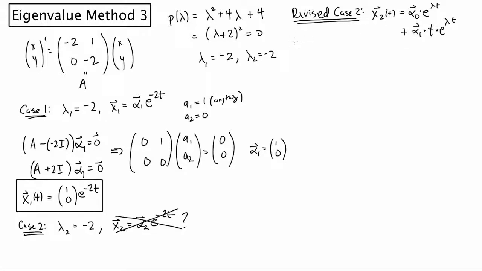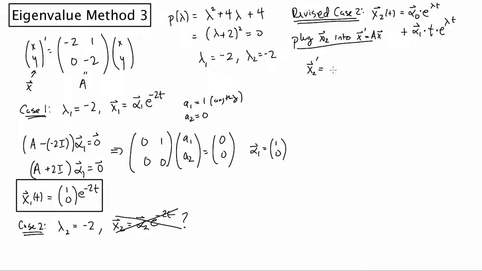If I substitute x2 into our system, this is the vector x, and I need x prime, so I take the derivative of each of these pieces. What is x2 prime?